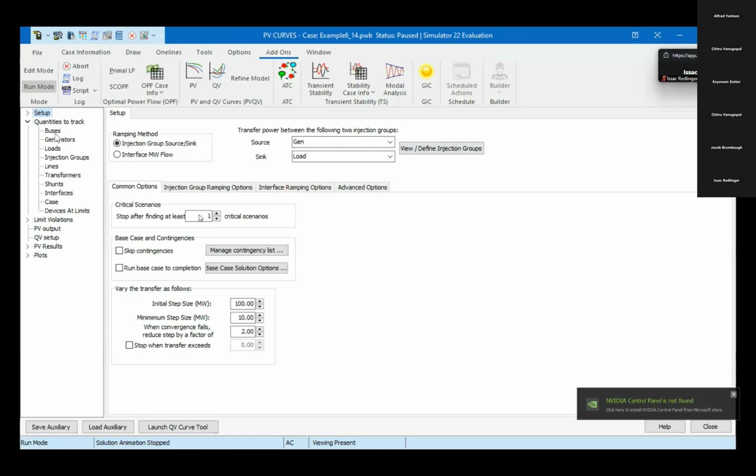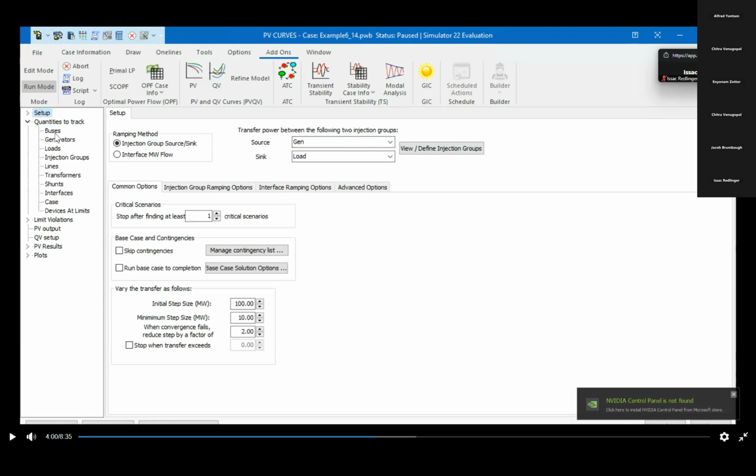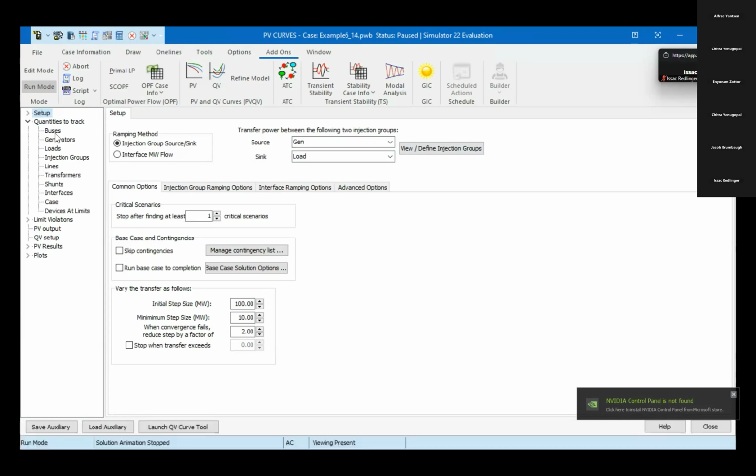Contingencies, as the name suggests, are scenarios where you have very limited sources and very demanding loads that need more power.